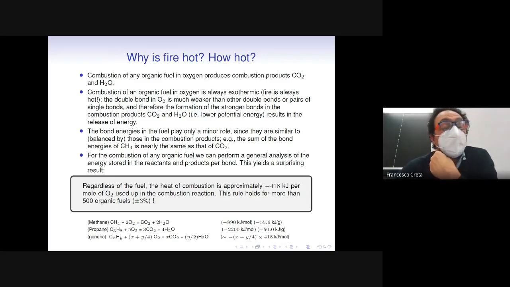Fire is one of those. The combustion of wood, for example, is a complex phenomenon in that it involves flames.